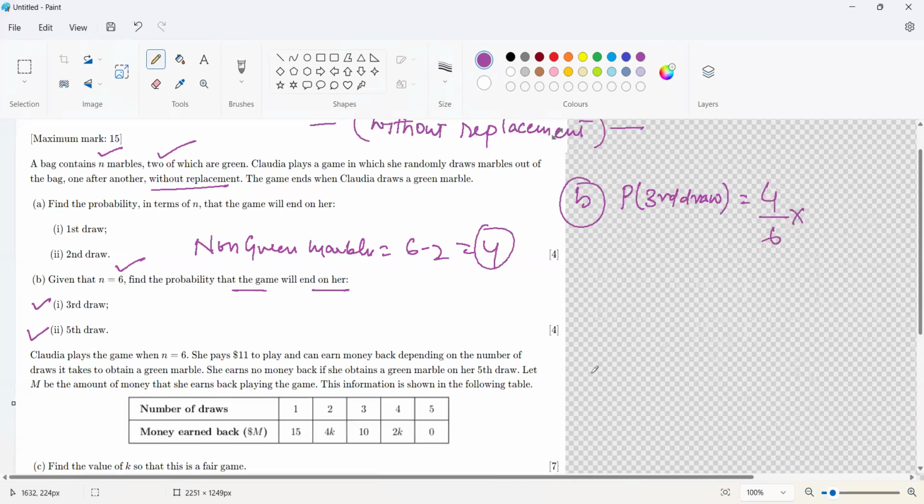The second time she draws, since she picked the marble the first time, she will not pick it back. So it will be 3 out of 5. And then she is able to pick the green marble, which is 2 out of 4. So what is the result? It is 1 over 5.